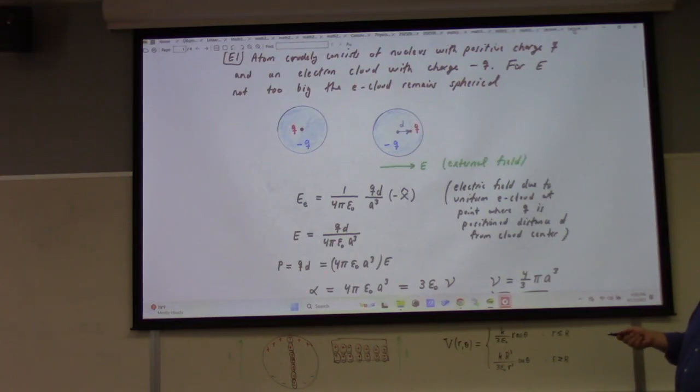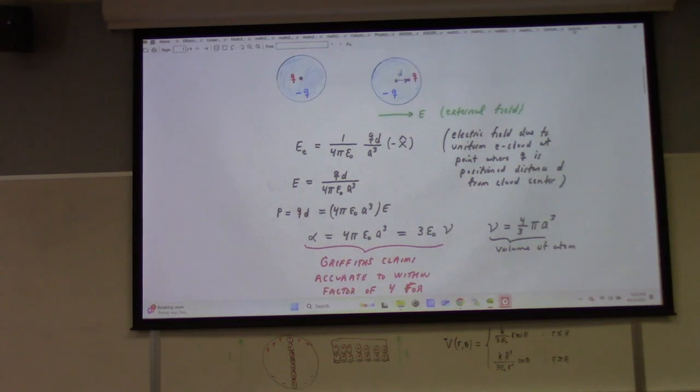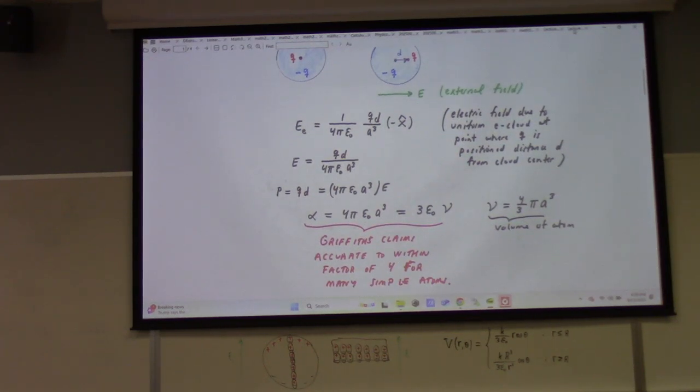He points out that this quantity is alpha, the atomic polarizability, and that's equal to 4 pi epsilon naught a cubed, which is, by the way, 3 times epsilon naught times the volume of the sphere, because the volume of the electron cloud sphere is 4/3 pi a cubed. And Griffiths says that this is accurate to within a factor of 4 for most simple atoms. All right, and he's got a table of values for this, so that's kind of neat.